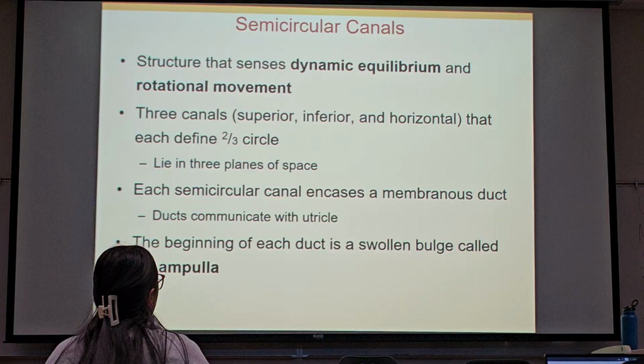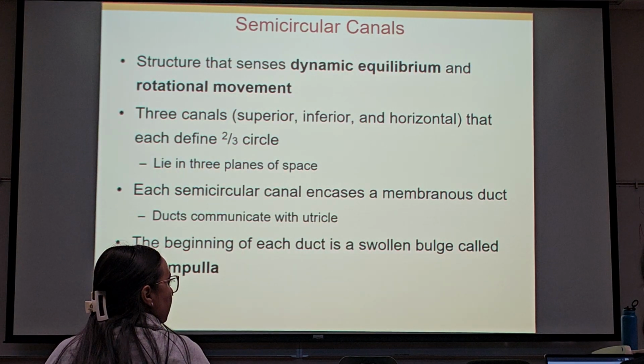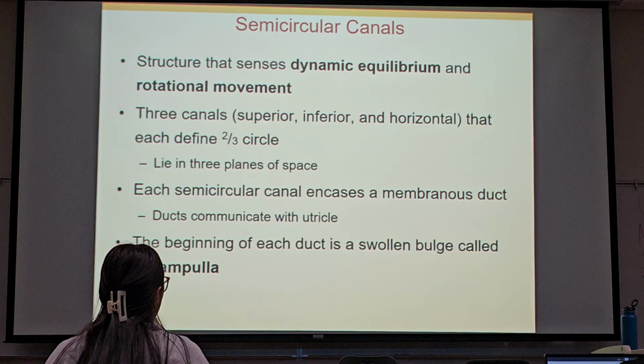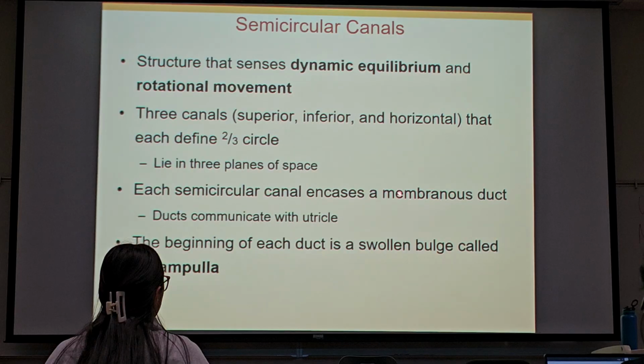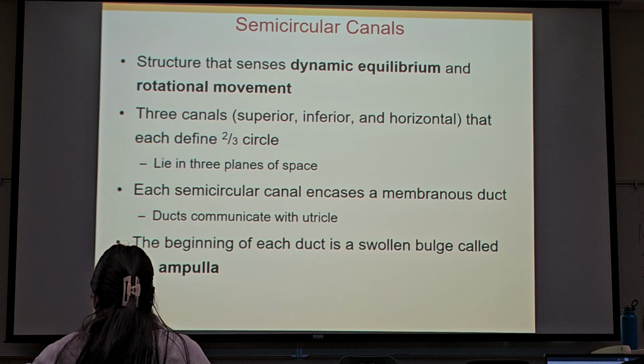We're just considering the semicircular canals all together. The semicircular canals are bony labyrinth, with the membranous labyrinth inside. And the membranous labyrinth is making these membranous ducts that travel the contours of the bony labyrinth.